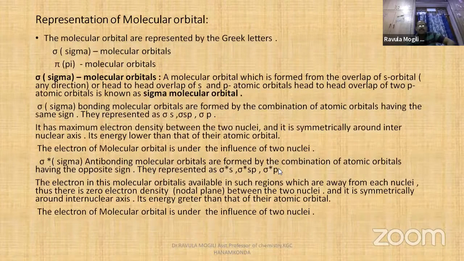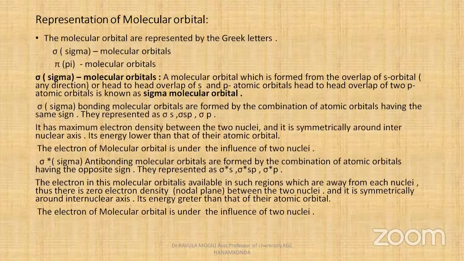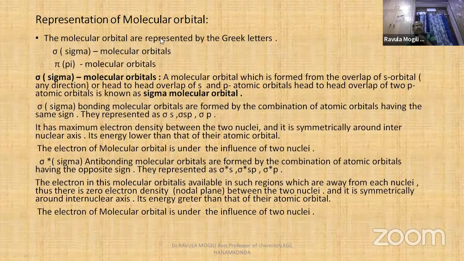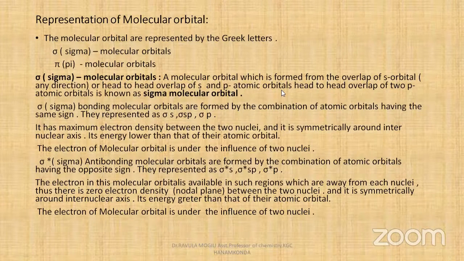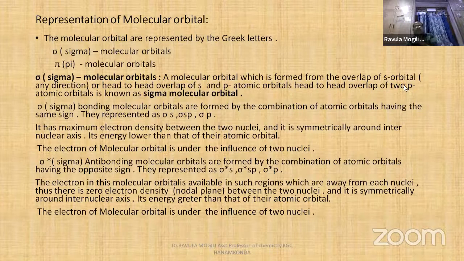So this is a bonding and anti-bonding molecular orbital. Now the representation of molecular orbitals: a sigma molecular orbital is formed from the overlap of s orbitals in any direction, head-to-head overlap of s and p atomic orbitals, or head-to-head overlap of 2p atomic orbitals.